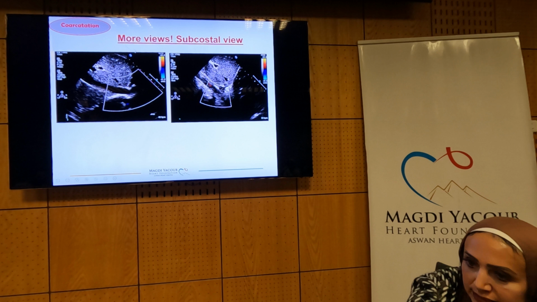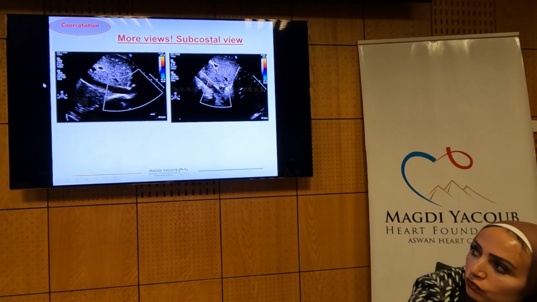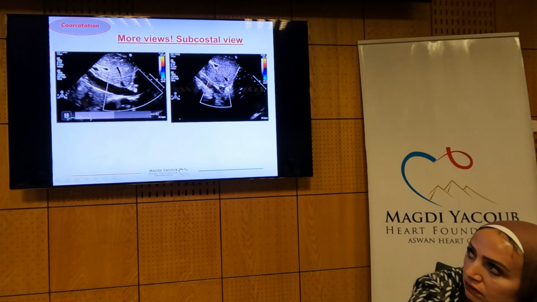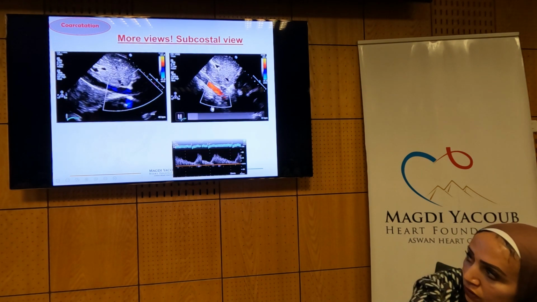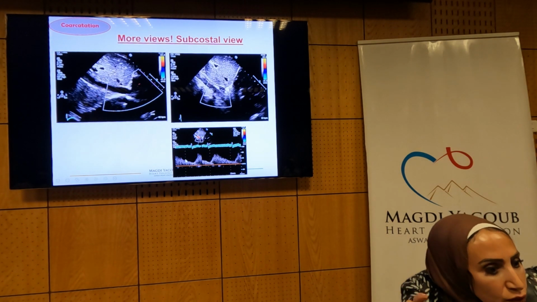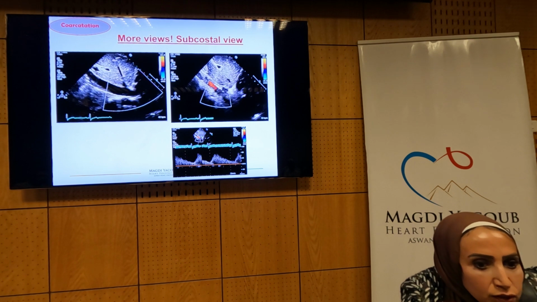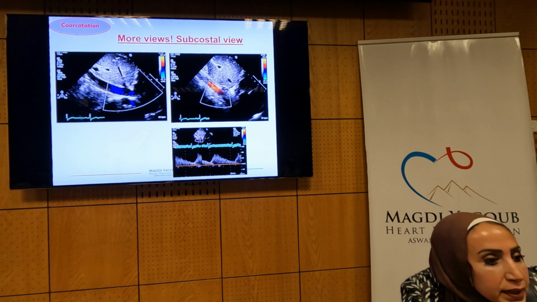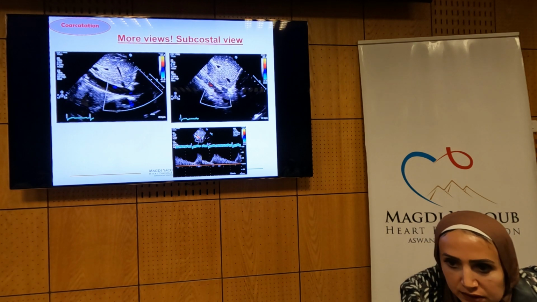If you work in a segmental way and do the subcostal views, this is the subcostal view, this is the inferior vena cava, and this is the pulsatility of the aorta, and you will find the pulsatility of the abdominal aorta dampened. So actually you have to suspect coarctation from your first view, and this is common practice in pediatric cardiology.